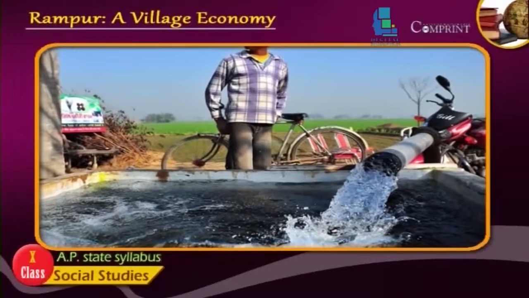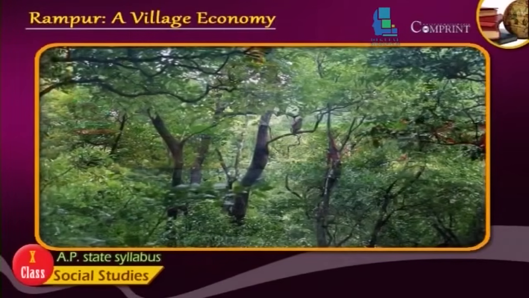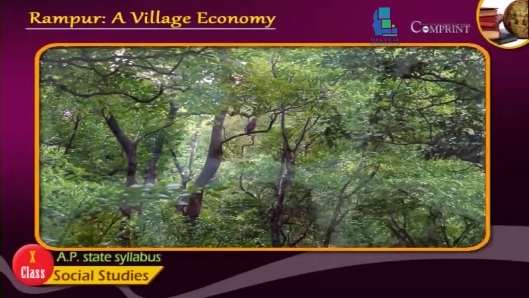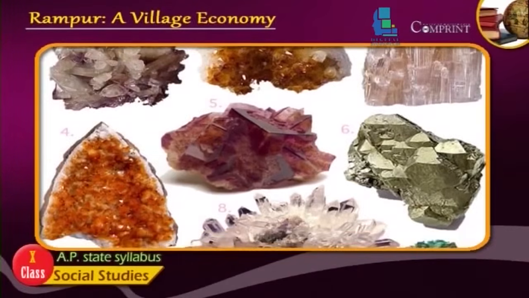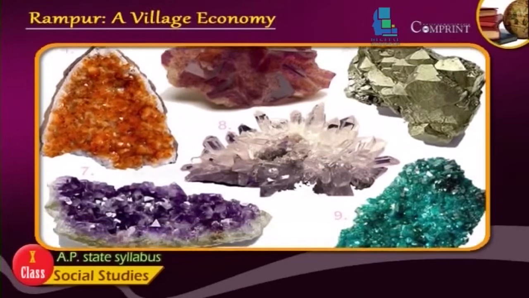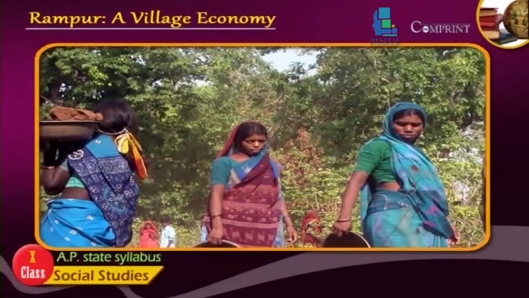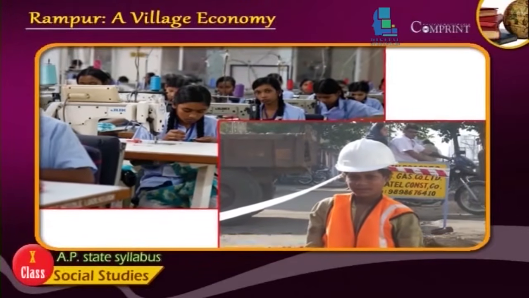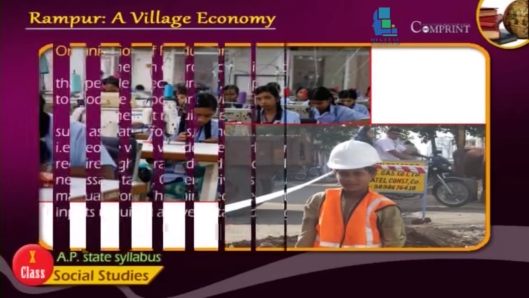The second requirement is labor, that is, people who will do work. Some production activities require highly trained and educated workers to perform the necessary tasks. Other activities require workers who can do manual work. The third requirement is capital, that is, the variety of inputs required at every stage during production.